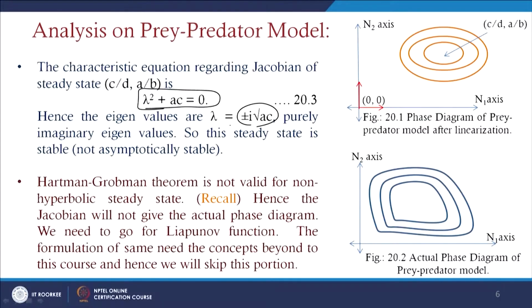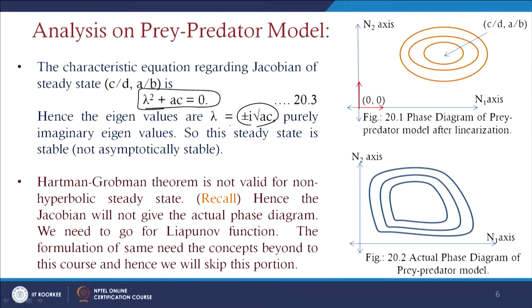And the real part of this eigenvalue is 0 here, which means this is a non-hyperbolic steady state by the Hartman-Grobman theorem. Hence, in this case the Jacobian will not give the actual phase diagram, and we need to go for a Lyapunov function.